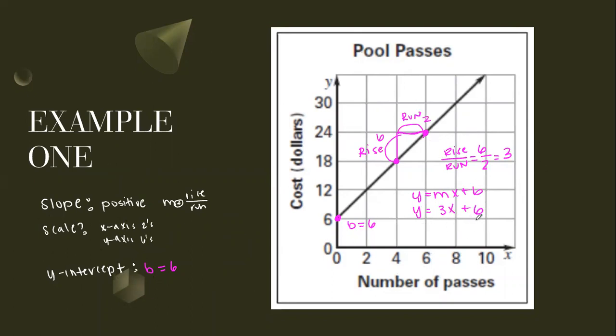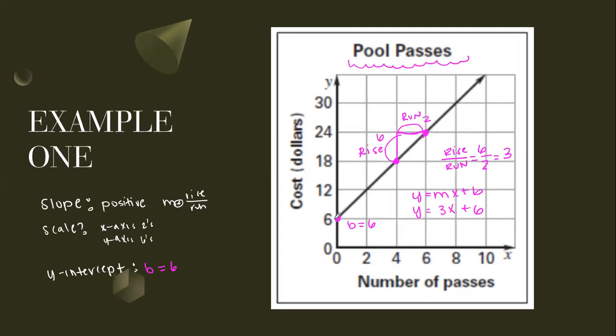So let's talk about what this means though. This is talking about a pool, me going to the pool. And the y-axis is how much it costs to go to the pool, and the x-axis is the number of passes. So the y-intercept is 6.